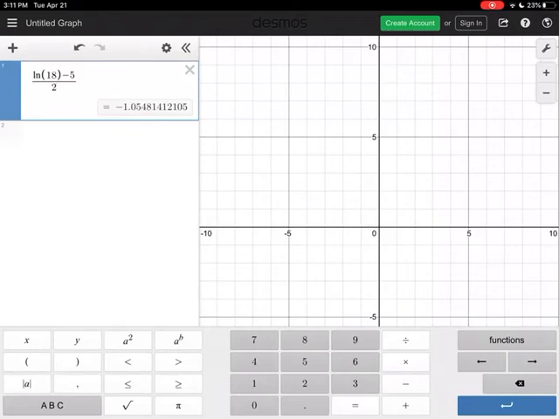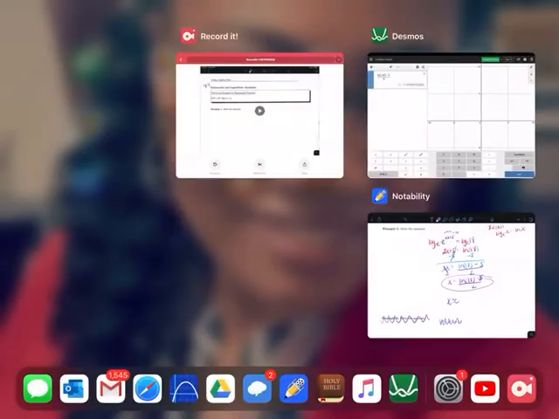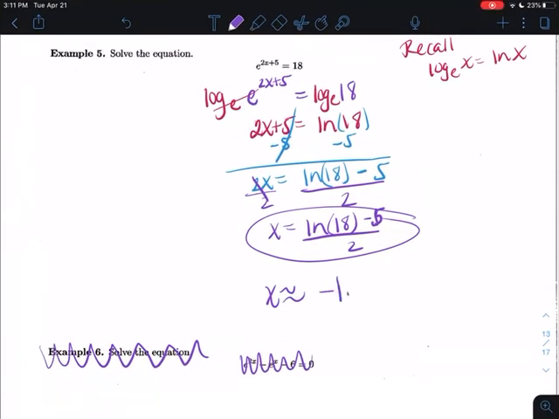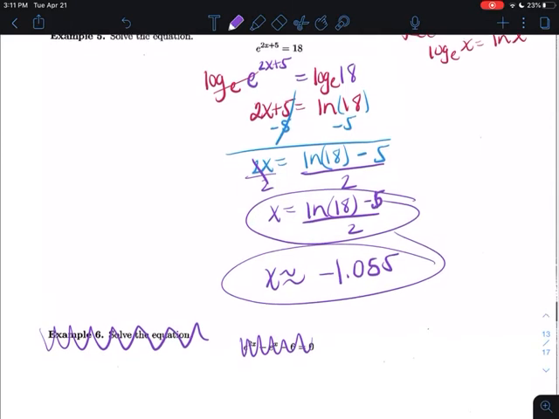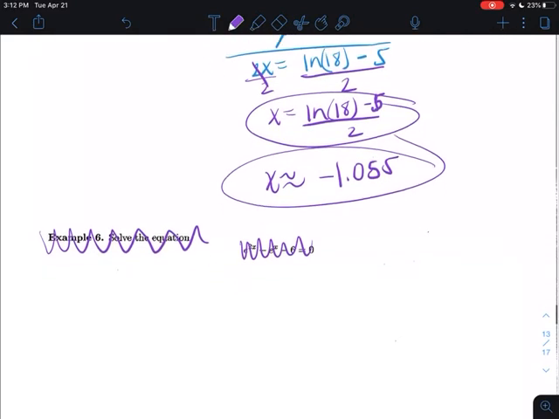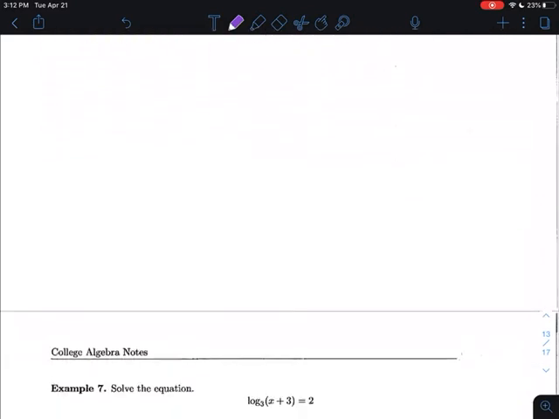So negative 1.055. So that is your approximate answer.